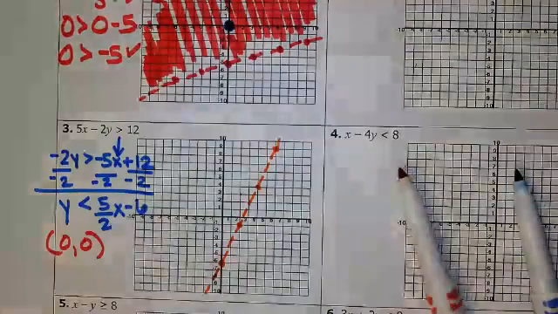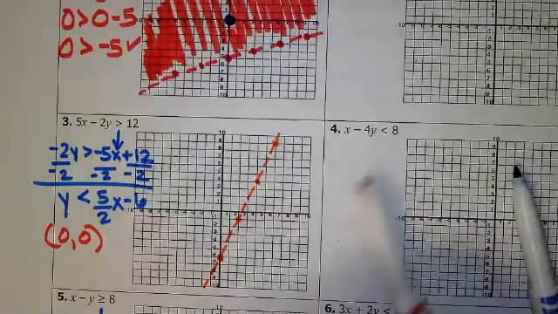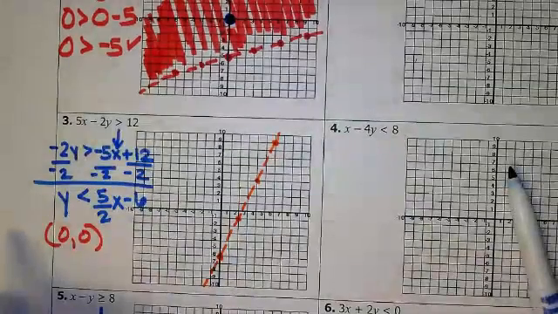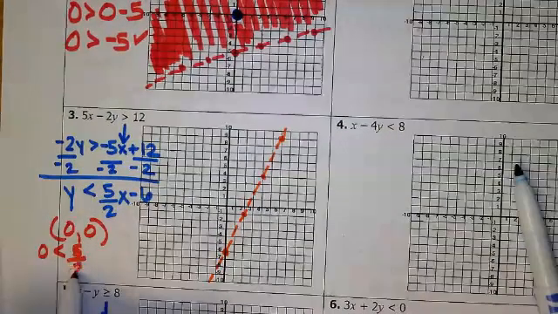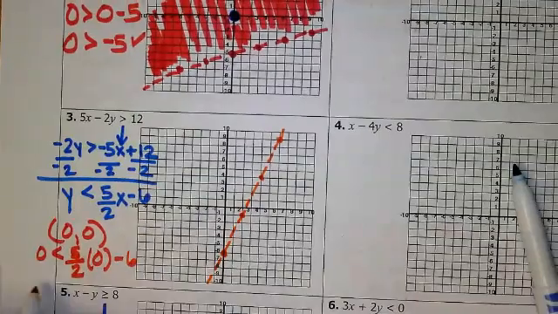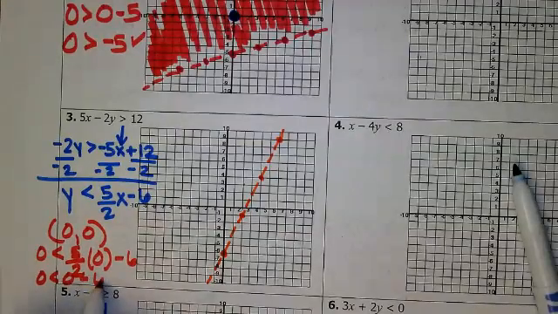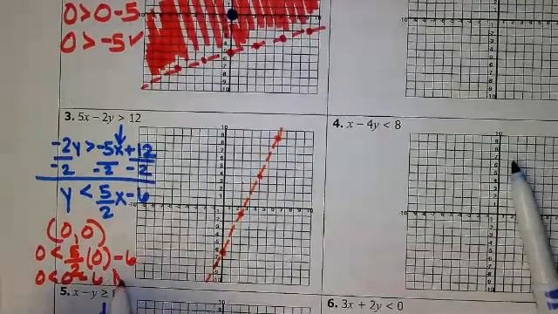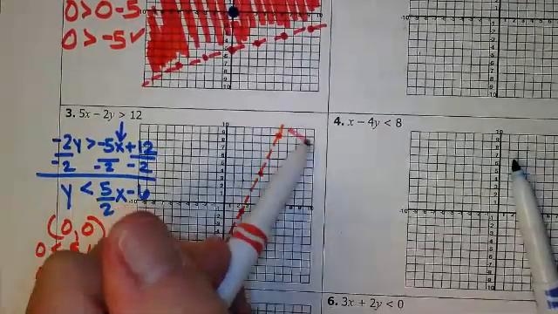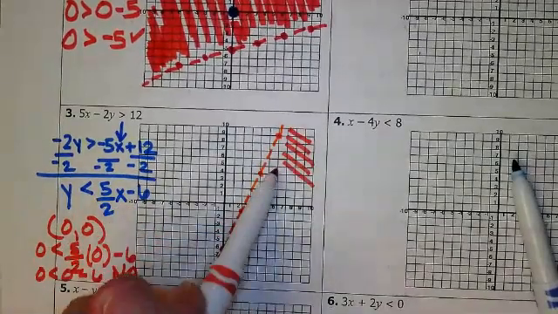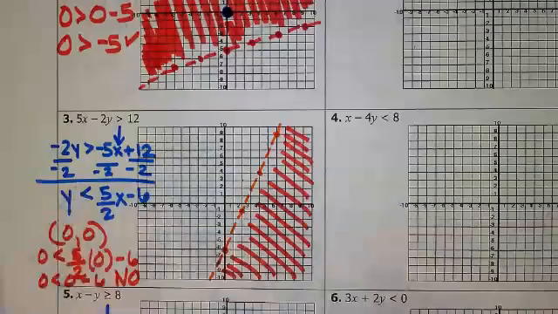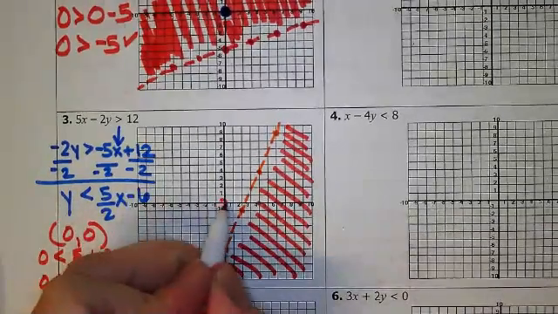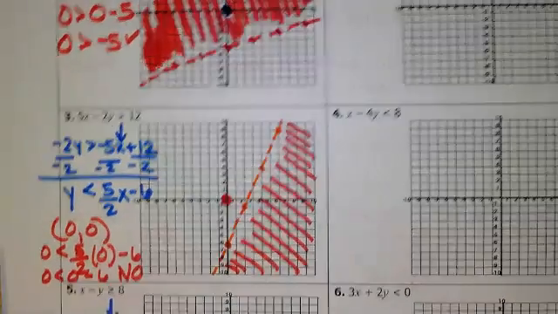Okay, so if I plug in 0, 0, 0 is less than 5 halves times 0, so 0 is less than -6. That is not true. So I'm going to shade on the other side, because this point right here was not a solution, so then you go to the other side and shade.